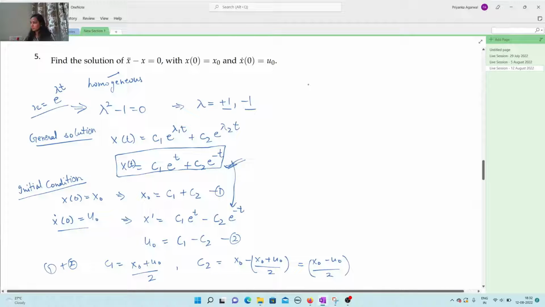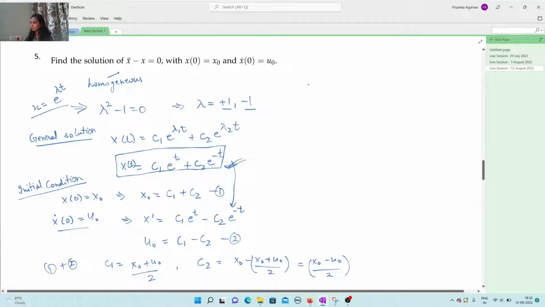Okay, so x of t is now x0 plus u0 over 2 into e to the power t plus x0 minus u0 over 2 into e to the power minus t.